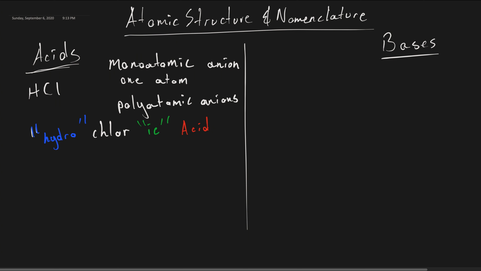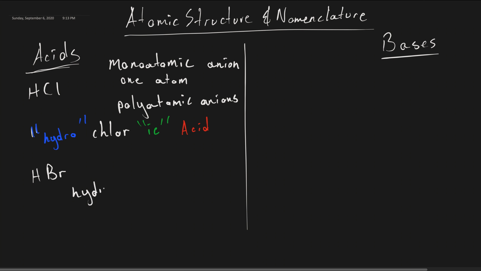Now a monatomic ion just means that it's one atom, so we can also do, for example, hydrogen with bromine. We still have the same prefix hydro.